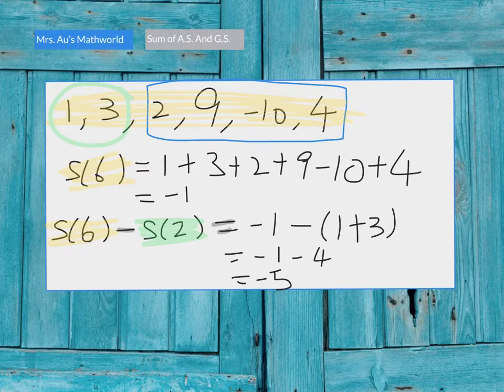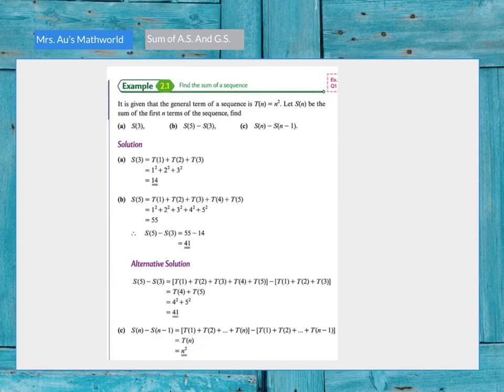If you add these four numbers carefully, you can also check that the result is also equal to -5. This skill is actually very useful, so you may highlight this part for later use. Please take a moment to study example 2.1 yourself, which is similar to the concept we have discussed beforehand.